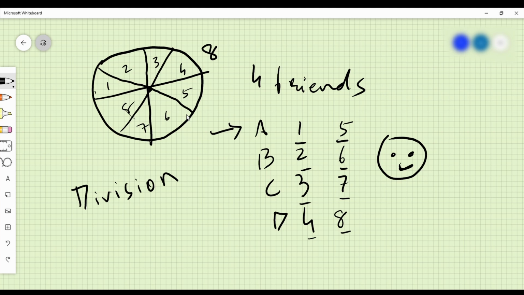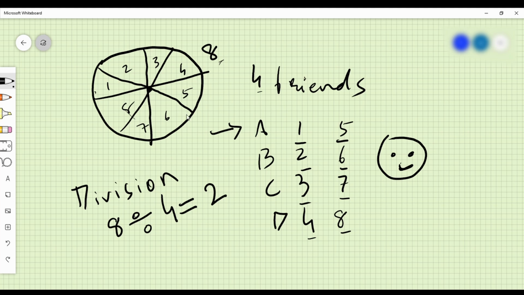You can divide a small number by a big number, or a big number by a small number. But here, for the sake of simplicity, we are taking just 2 numbers which are easily divisible. And so here, if this is 8, and if I divide by 4, what I get is 2. So everyone got 2 pizza.